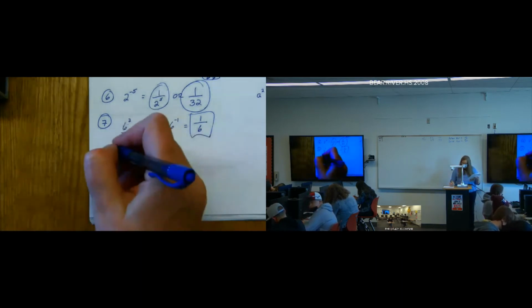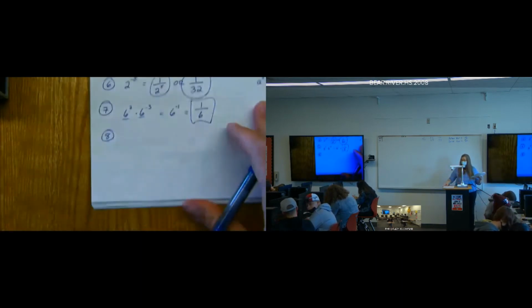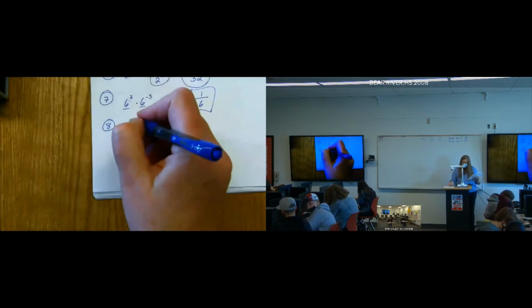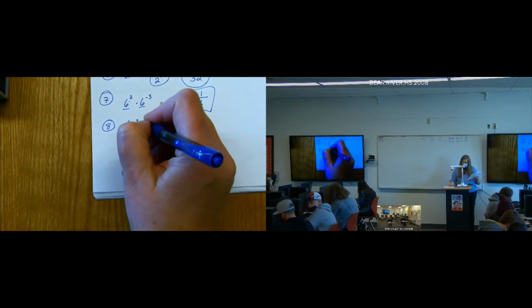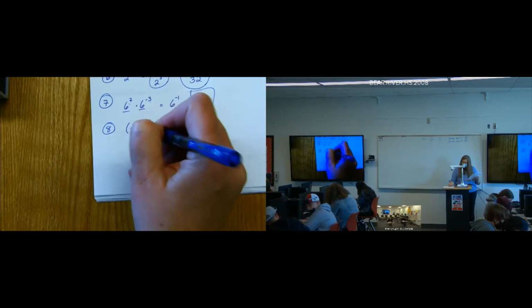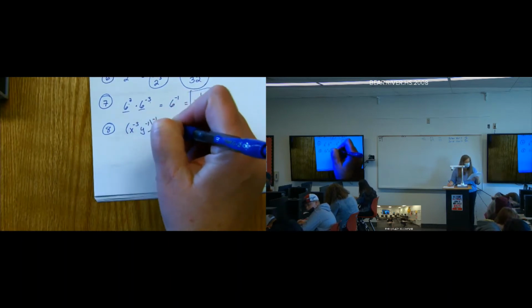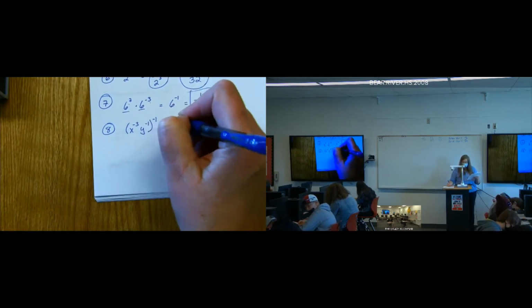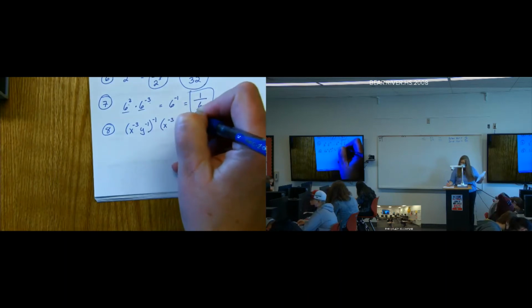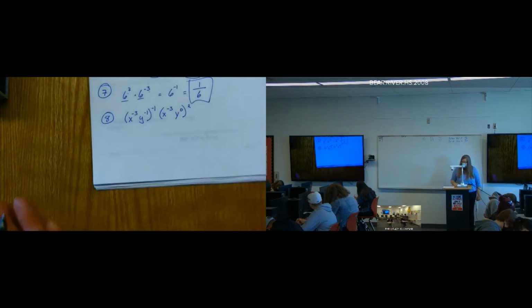Number 8. Here we go. I've got x to the negative 3, y to the negative 1, the whole thing to the negative 1, times x to the negative 3, y to the 0, whole thing squared. Okay, Hutch, help me with this one.